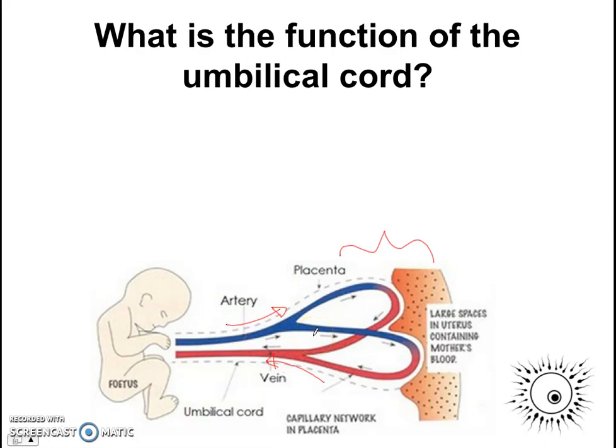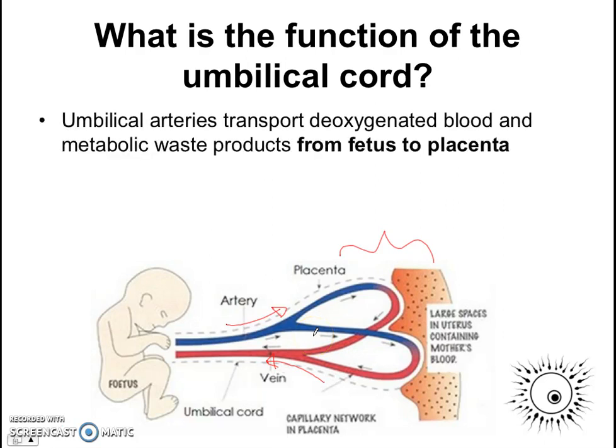So what's the function of the umbilical cord? Well, the umbilical arteries will transport deoxygenated blood and metabolic waste products from the fetus to the placenta. Then at the placenta, these metabolic waste products will diffuse from the fetus's blood into the mother's blood.